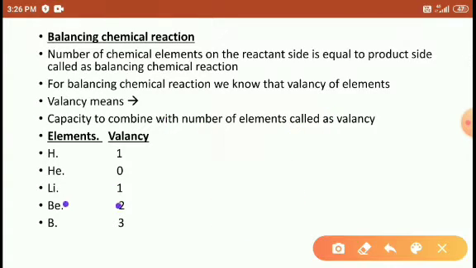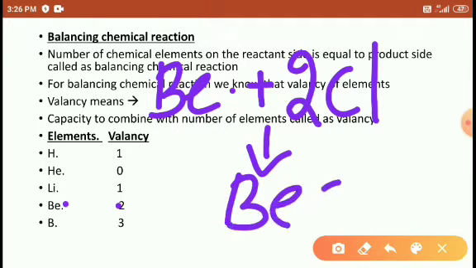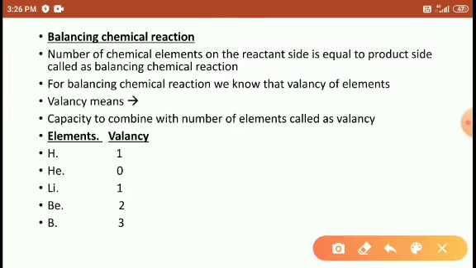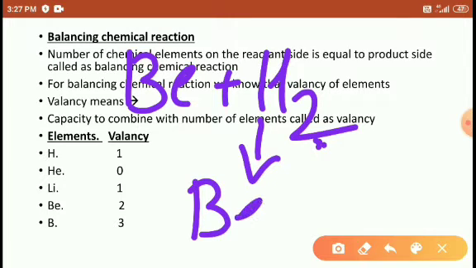Similarly, beryllium valency 2. It means beryllium bonds with two species. Beryllium combines with 2 chlorine to form beryllium chloride. Or beryllium reacts with hydrogen, 2 hydrogens, to form beryllium hydride.